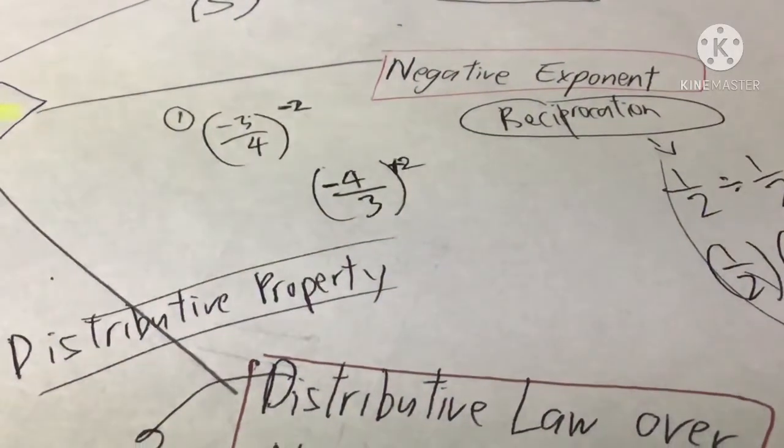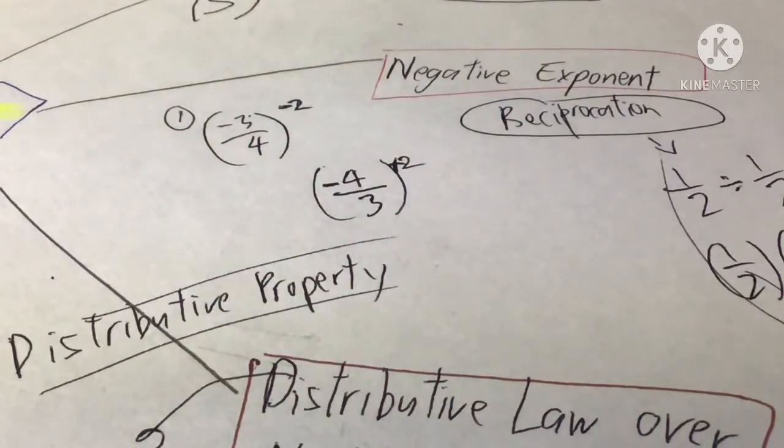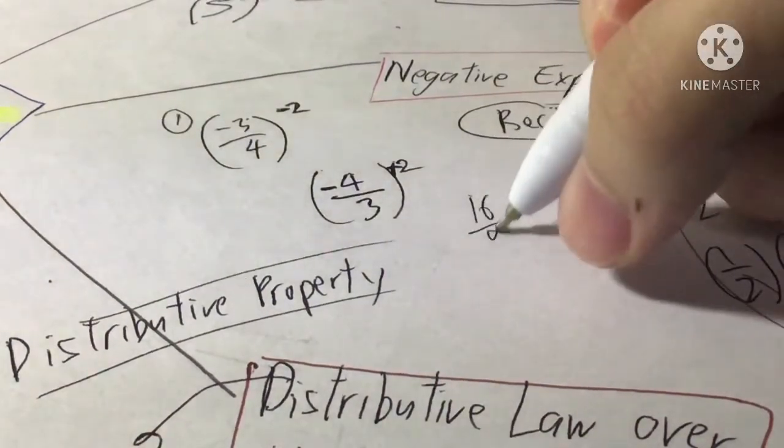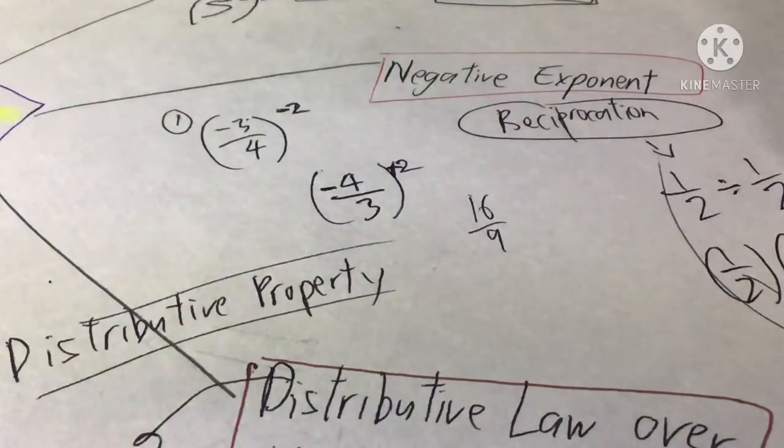And if we have this expression now, if we solve that in a calculator, negative 4 over 3, might want to use the calculator while we do this, we would get 16 over 9. Again, our answer varies from teacher to teacher, from school to school.